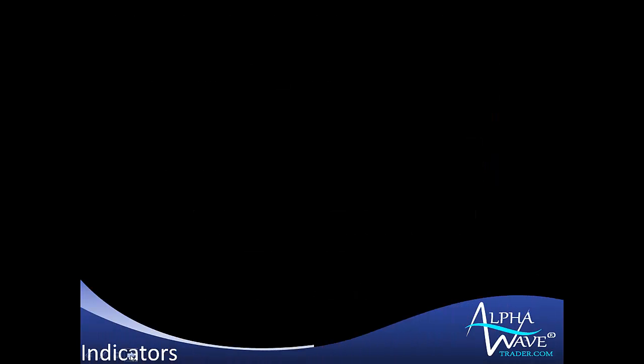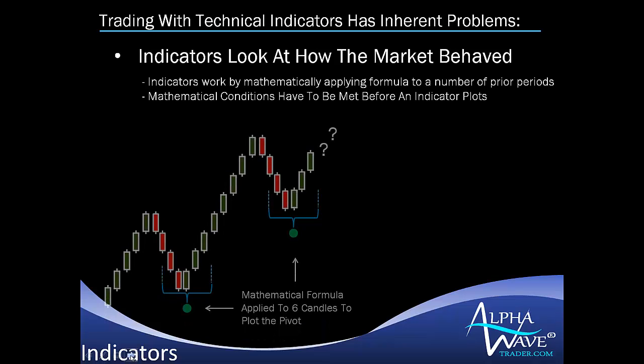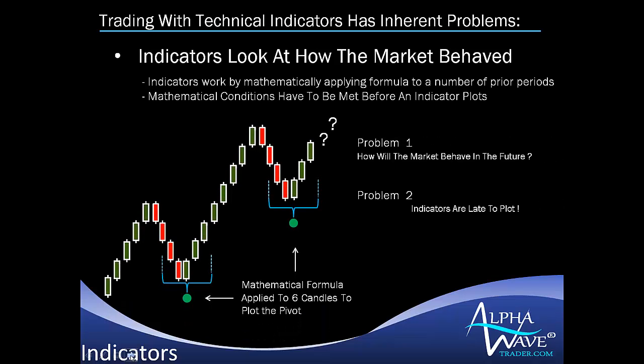So why do we do this? Most indicators, most is a keyword, look at the markets after the fact. If you found the indicator that works, stick with it. It's extremely important. It is an exception, it is not the rule.